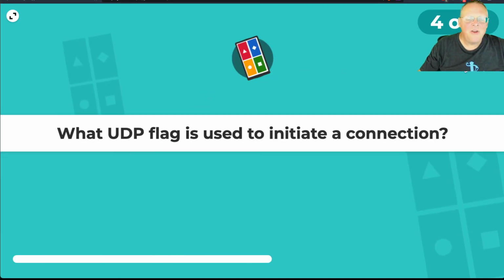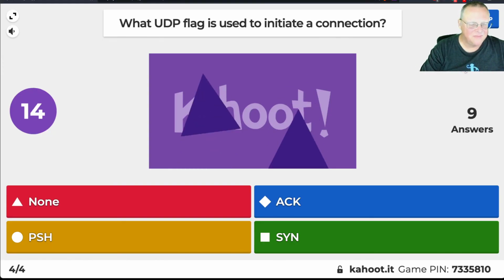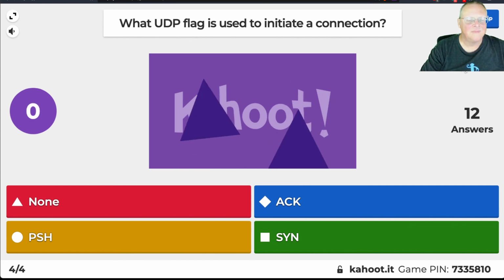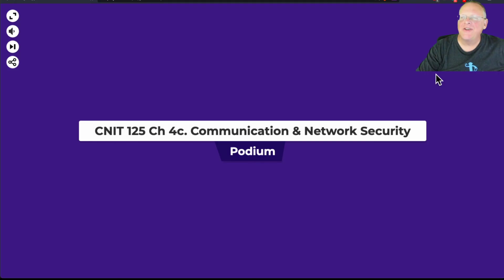And what UDP flag initiates a connection? Yep. Didn't fool anybody much around here. That's right. There are no flags, no connection in UDP. None of that. You just send the data out.